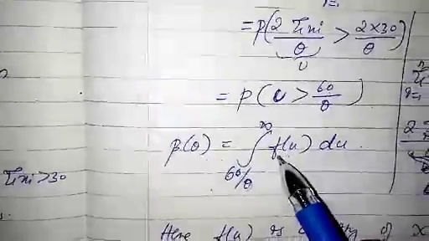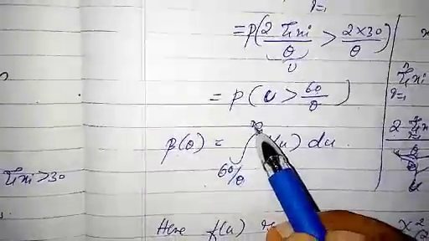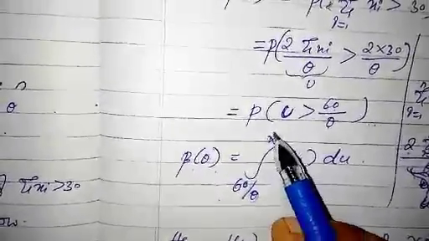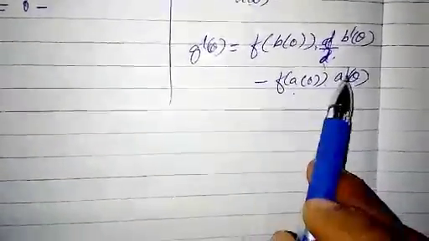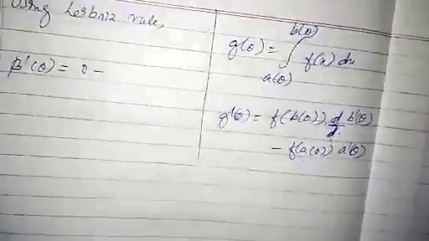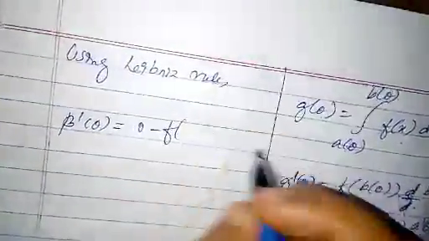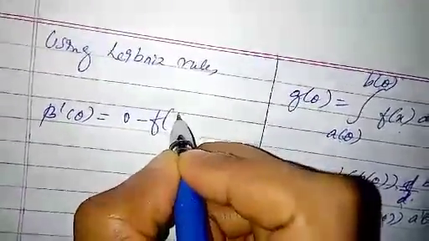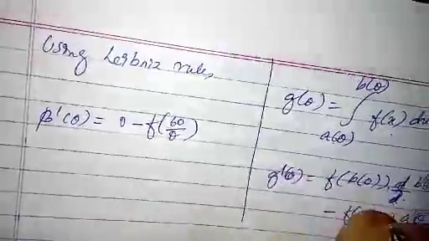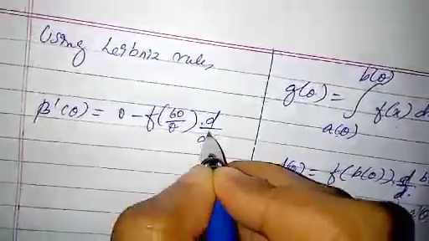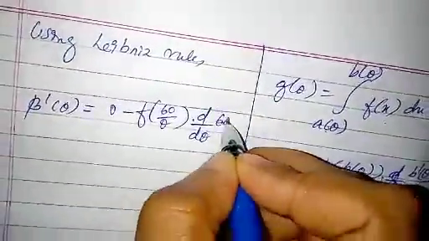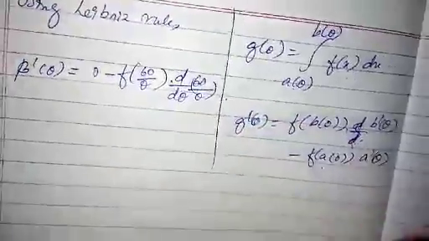First, f of infinity into differentiation of infinity is 0, so 0 minus, and the second is f of u into the function of lower limit. Here the lower limit is 60 divided by theta, then d by d theta of the lower limit.